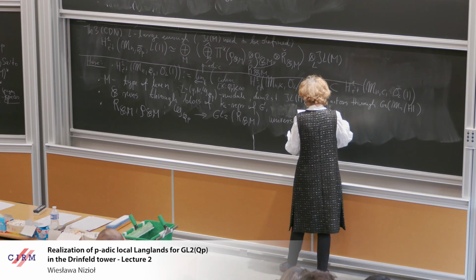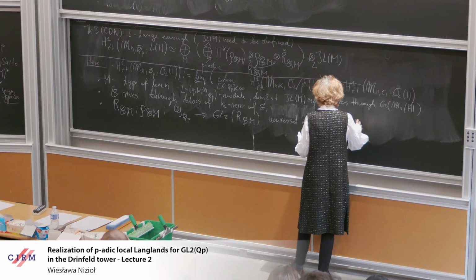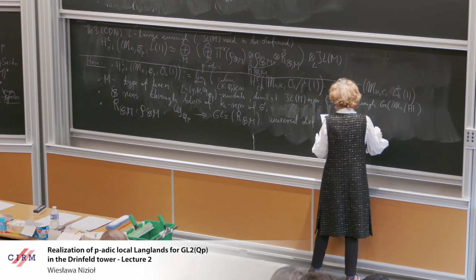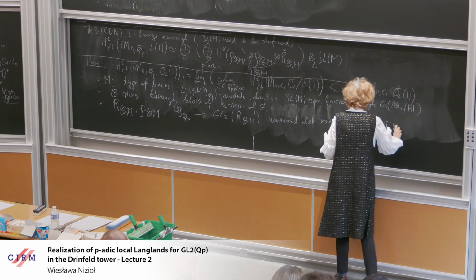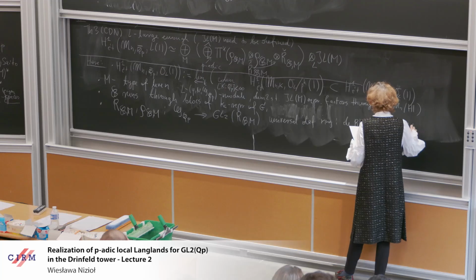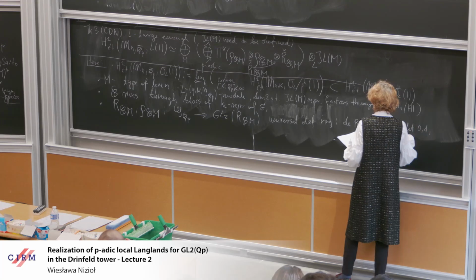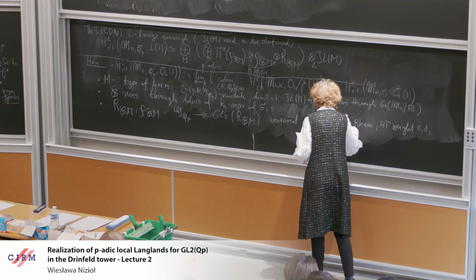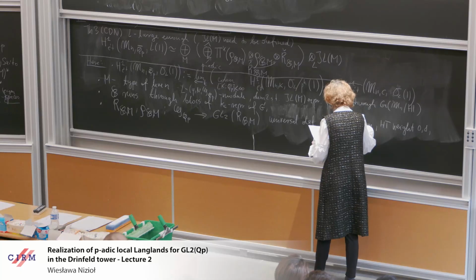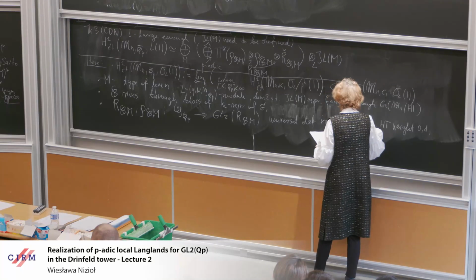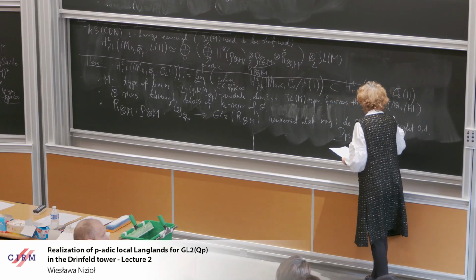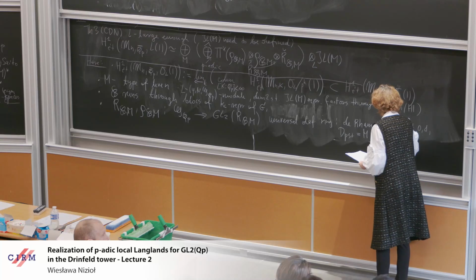Now, what types? We have the RAM, Hodge-Tate weights 0, 1. Now, d_PST has to be equal to M. So let me just assume this is when M is supercuspidal.